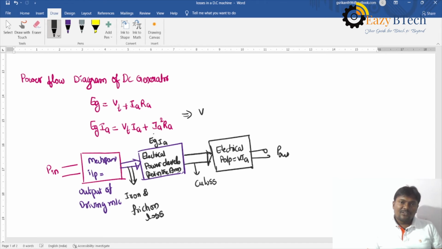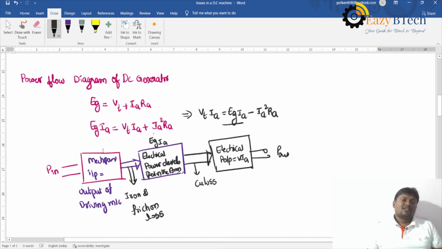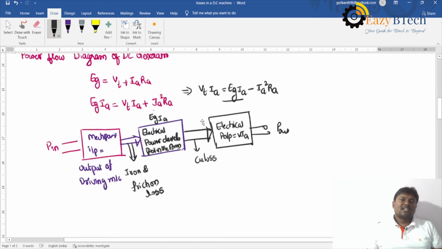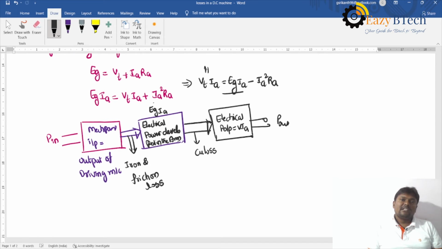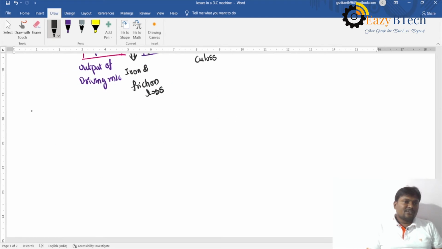So from this equation, Vt into Ia is equal to Eg Ia minus Ia square into Ra. Then I got the electrical power output.